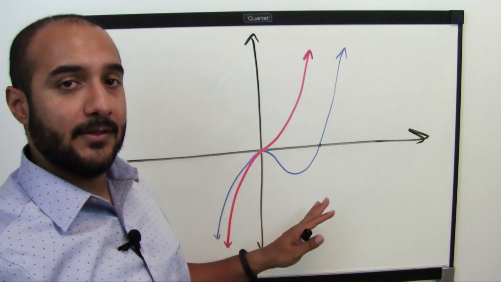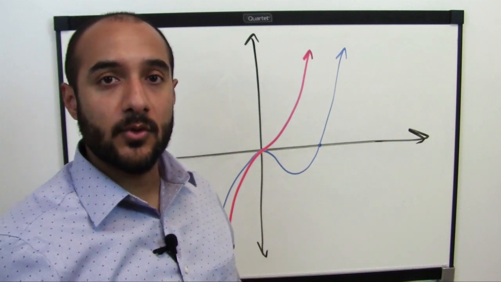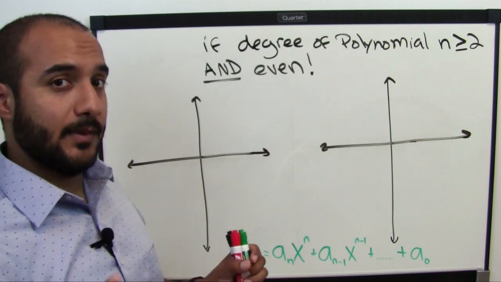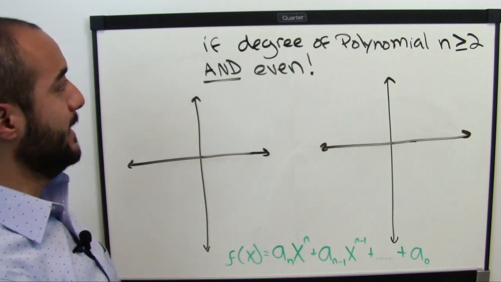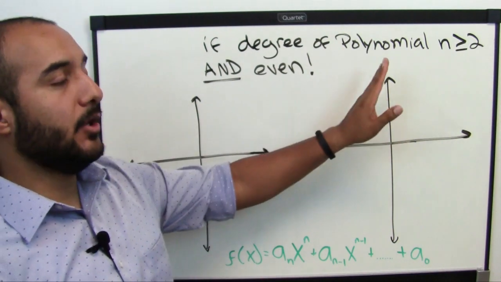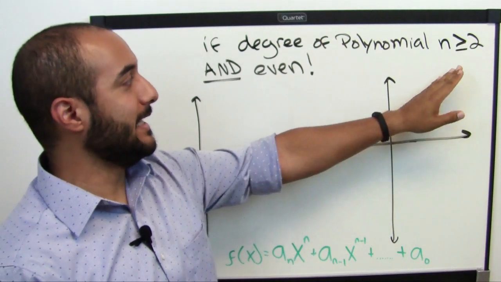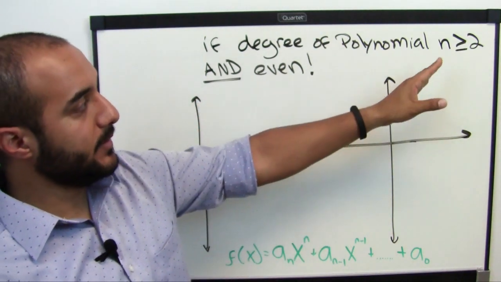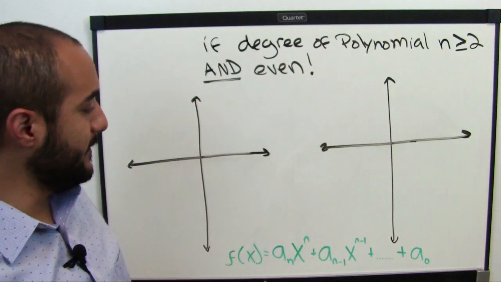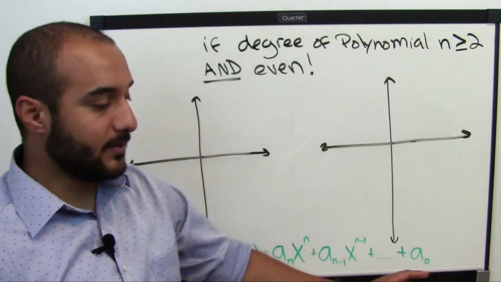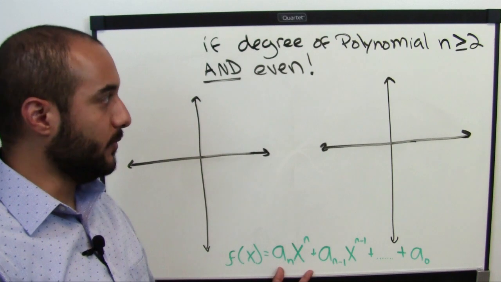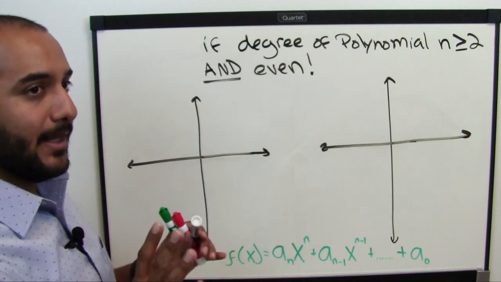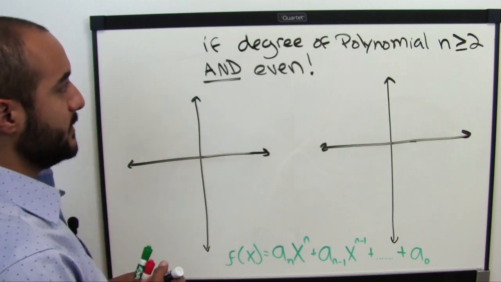So let's take a look at the ending behavior that will also help you graph. Let's see what can happen here. If the degree of my polynomial is an even number, so it has to be greater than or equal to 2, and it has to be even. No matter what it looks like, let's take a look at the parent function first.